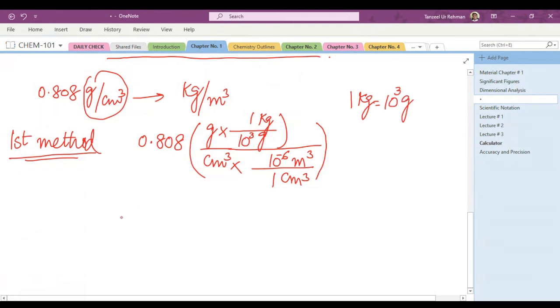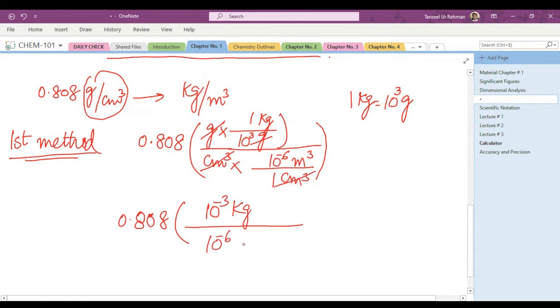Okay, so 0.808. Gram will be cancelled with gram. When 10 to the raised power 3 moves to the numerator, it becomes 10 to the raised power minus 3 kilogram, divided by centimeter cube cancelled, and it is 10 to the raised power minus 6 meter cube.